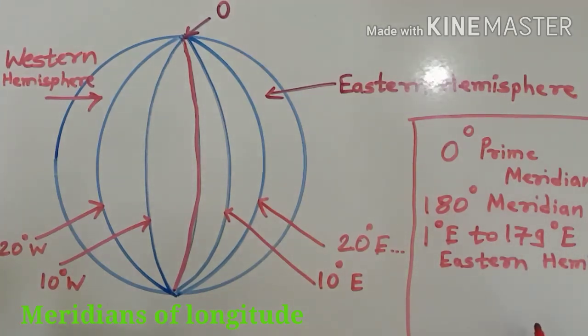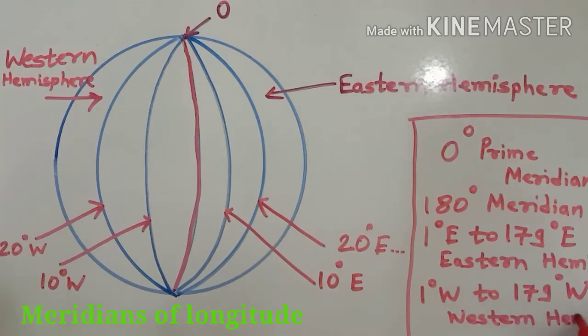In the same way, in Western Hemisphere we can draw 1 degree west to 179 degree west meridians. That means if we do total of all this, we'll get 360 meridians.